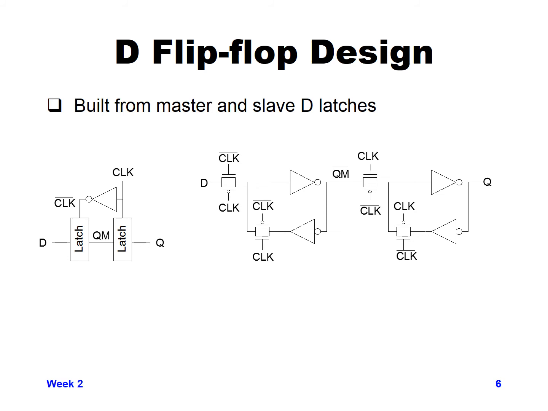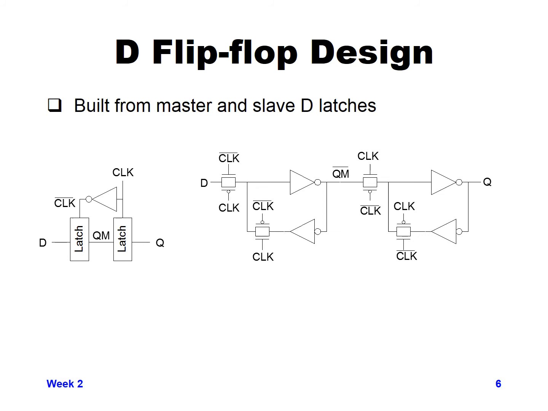So when clock is low, the first latch is capturing the value of D. As soon as clock goes from low to high, it causes clock bar to go from high to low, which causes that first latch to hold the value that was at D as soon as the clock went from low to high, or clock bar went from high to low.